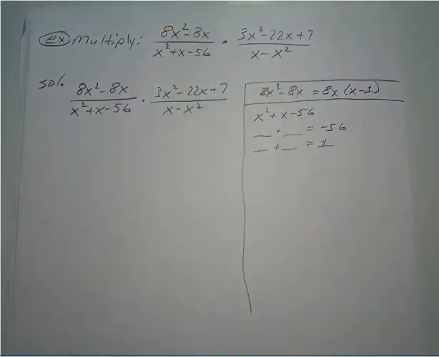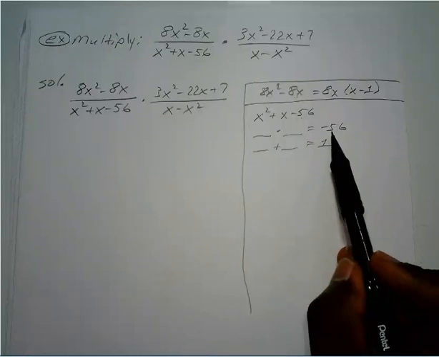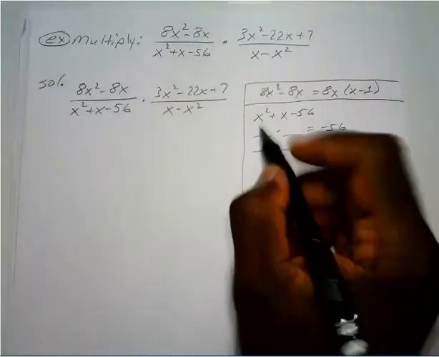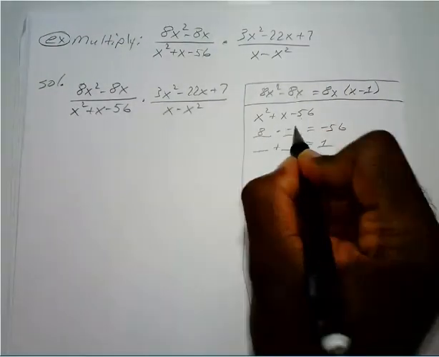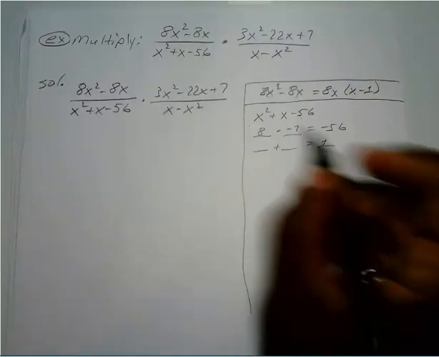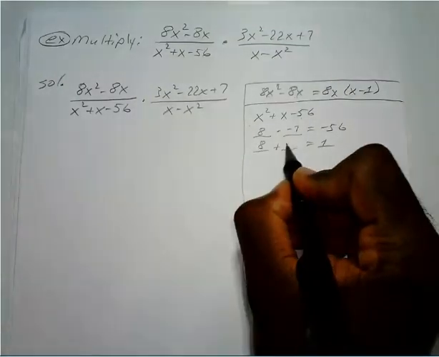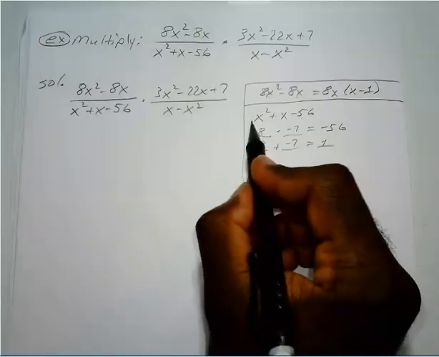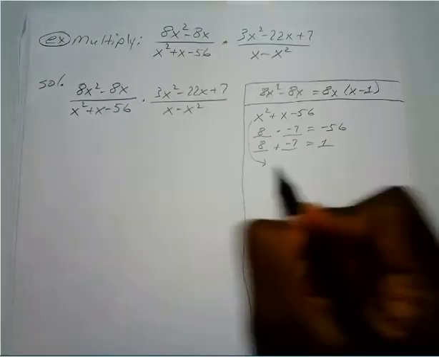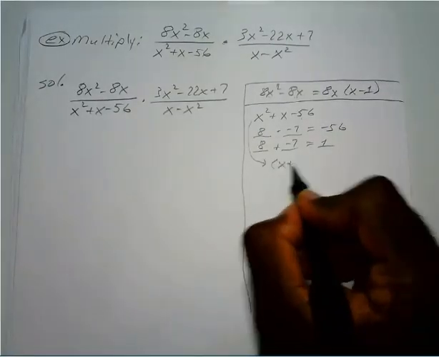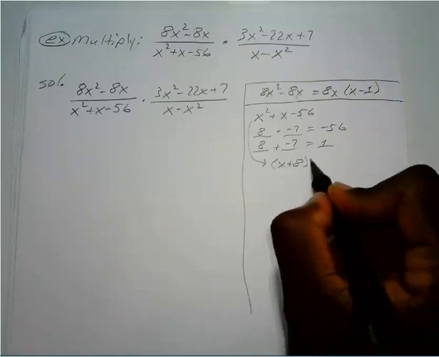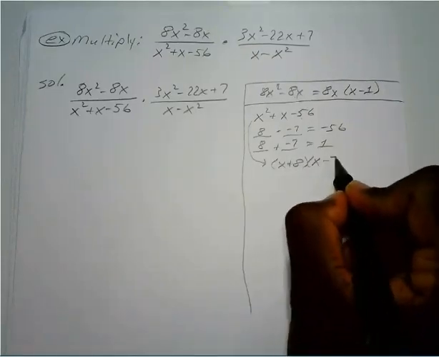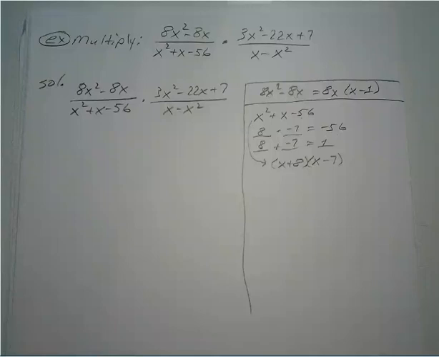Okay, so in this case, 8 times negative 7 works for this, because 8 times negative 7 is negative 56, and 8 plus negative 7 is positive 1. So that means this will factor to become x plus 8 times x minus 7. Okay, so we have that one out the way.